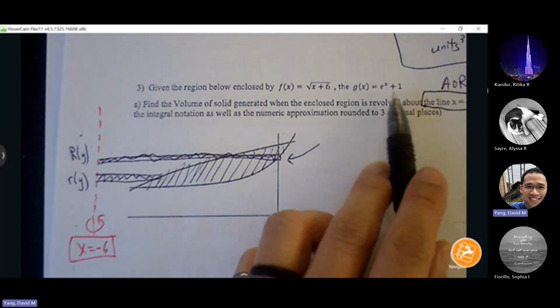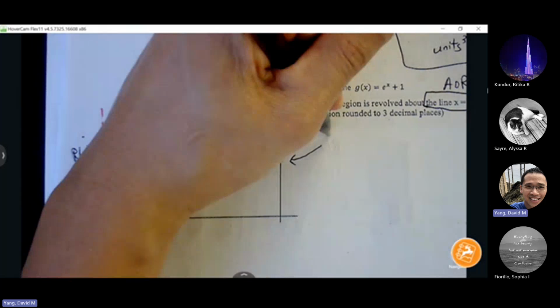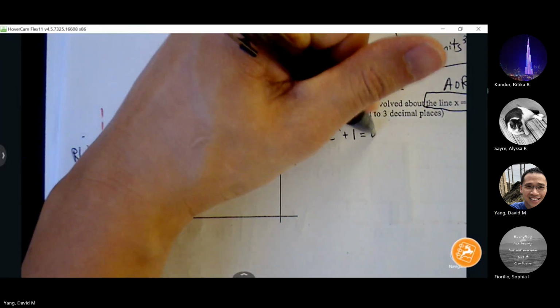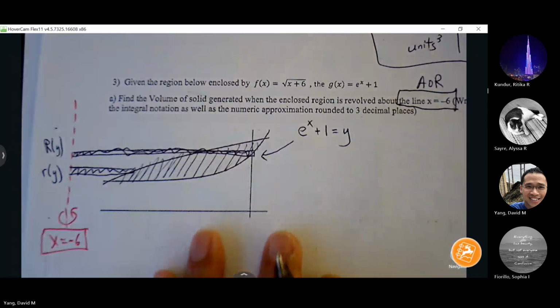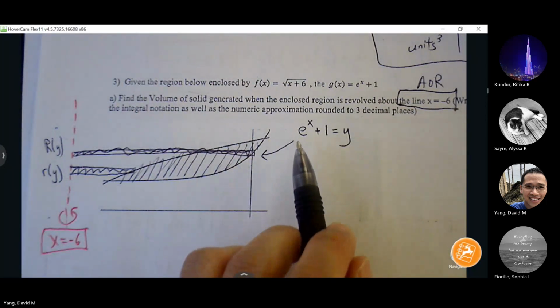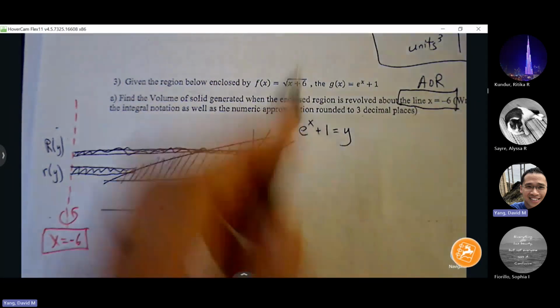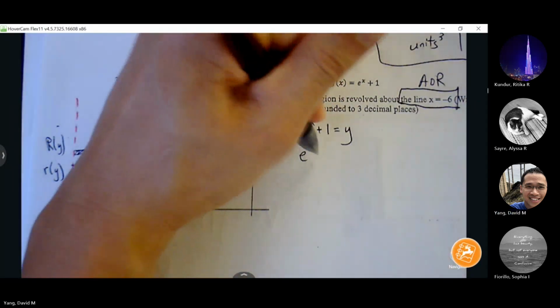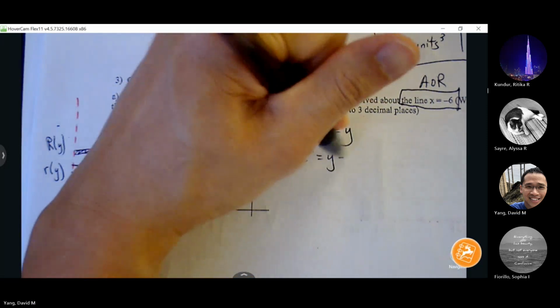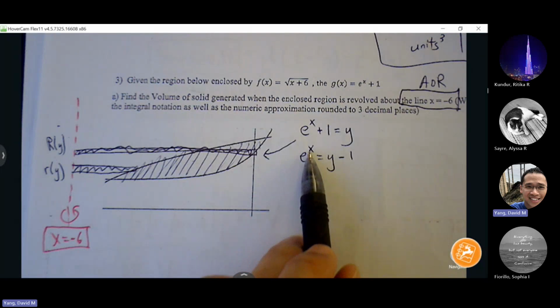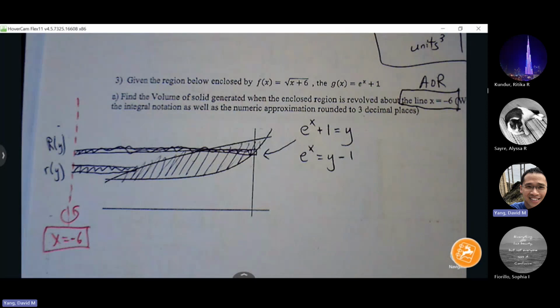So this curve was y equals e to the x plus 1. We have to get that in terms of x. Okay, I'm going to isolate this e to the x first, so I'm going to subtract 1. I want to solve for x, but x is stuck in the exponent. What can we do to allow that x to come down? Take the natural log.